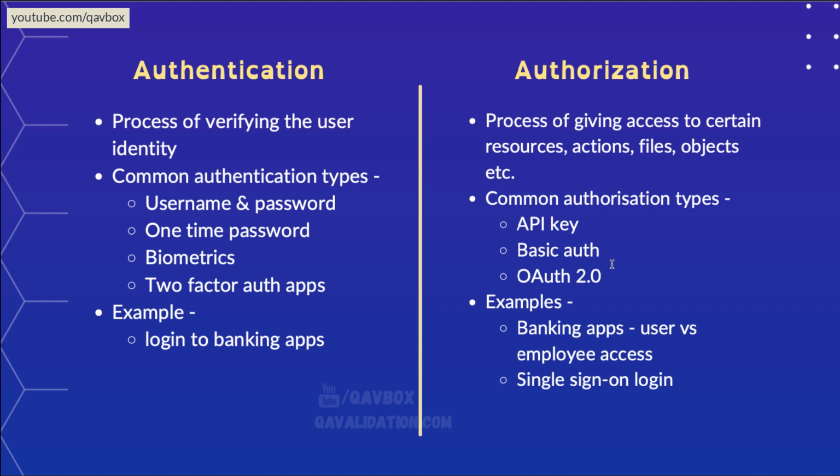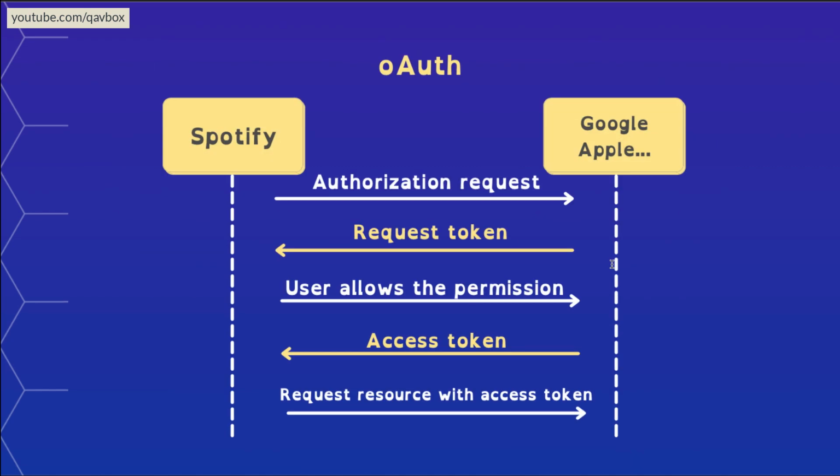So now let's understand OAuth 2.0 at a high level. Think about you want to create an account with Spotify, but you don't want to create your own account. So Spotify gives you an option where it will ask you, okay, do you have a Google account or an Apple account? You're good to go.